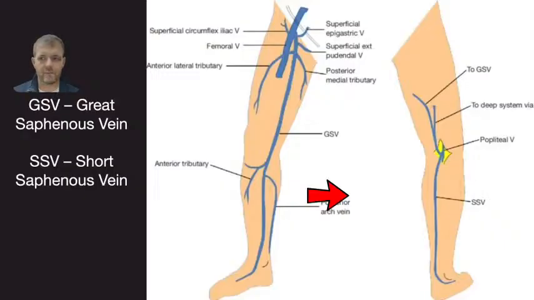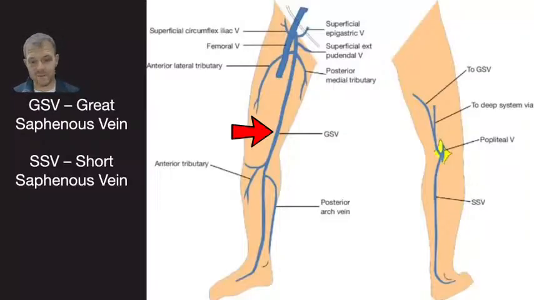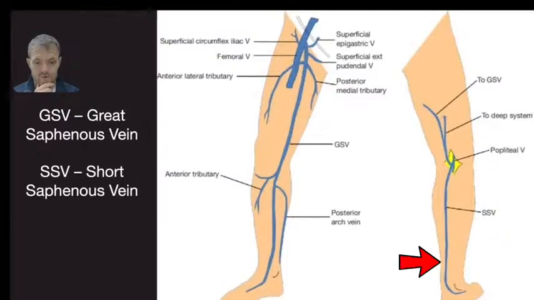So it was used in phlebotomy in years gone by, and the greater is quite deep, and that's why they called it saphenous, because it means hidden. There you go. So the top part, the greater, is quite deep, and then the short is fairly superficial, especially around the foot.